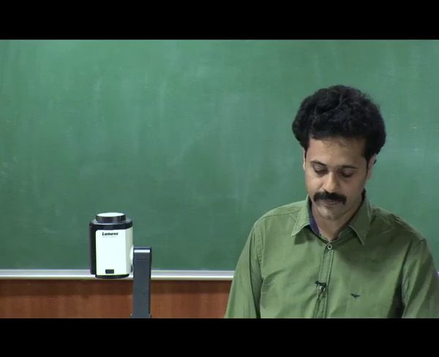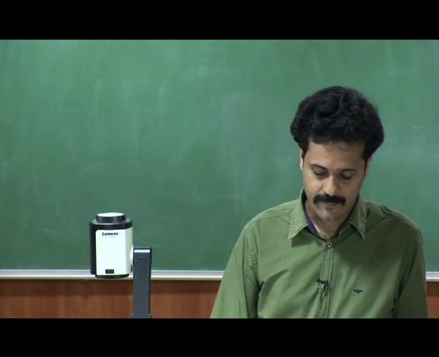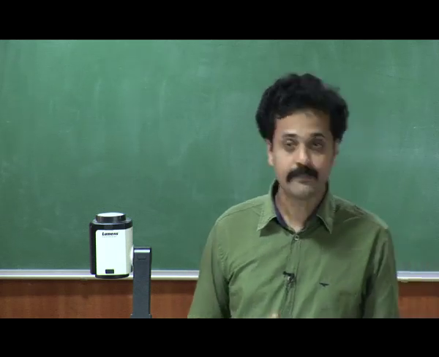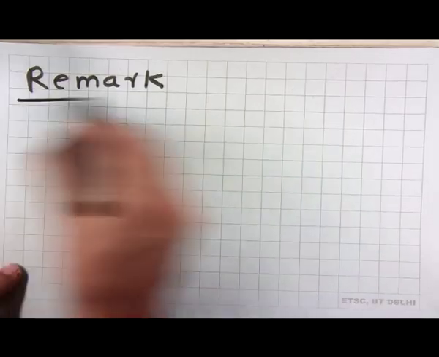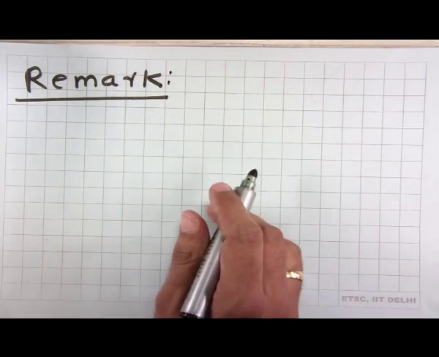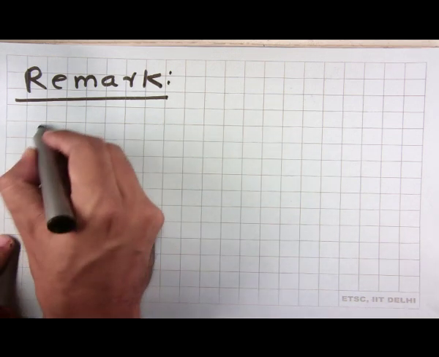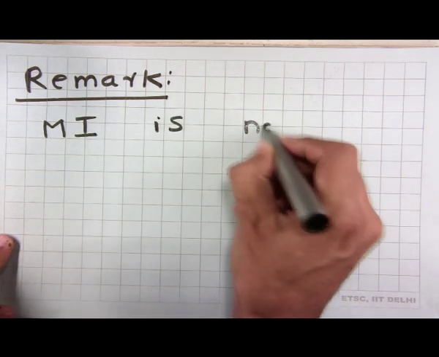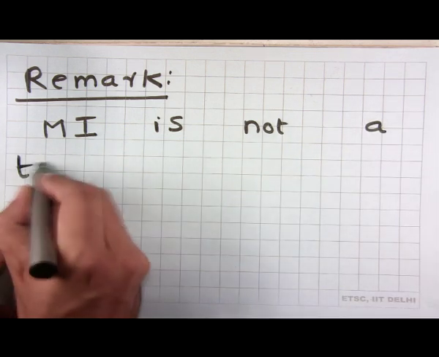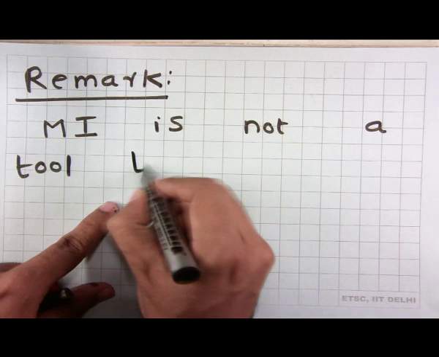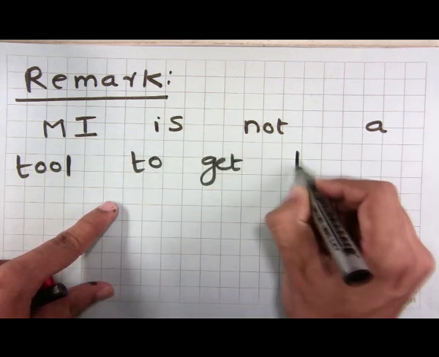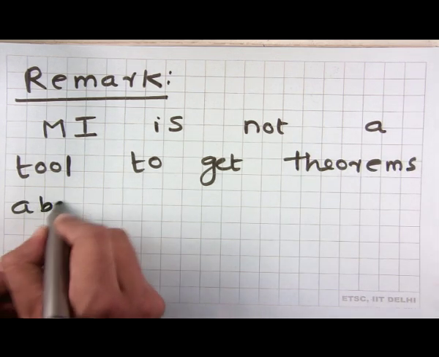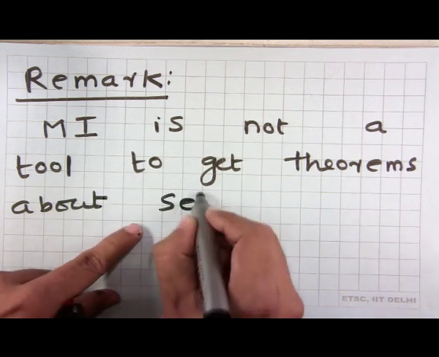Now, let us continue with a few more examples. Before getting into the next example, let me make a remark. Note that mathematical induction is not a tool to get theorems about the set of natural numbers.